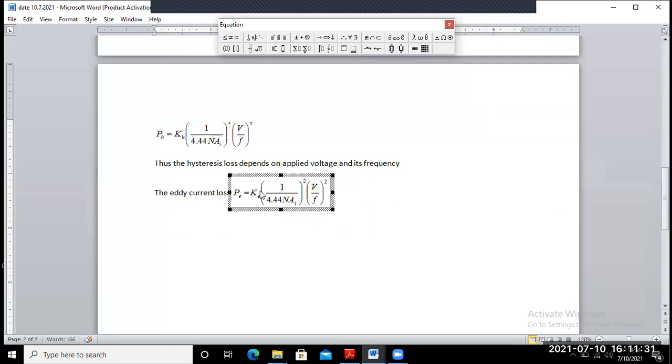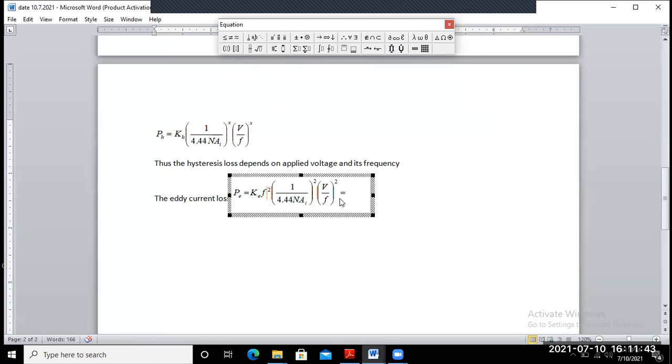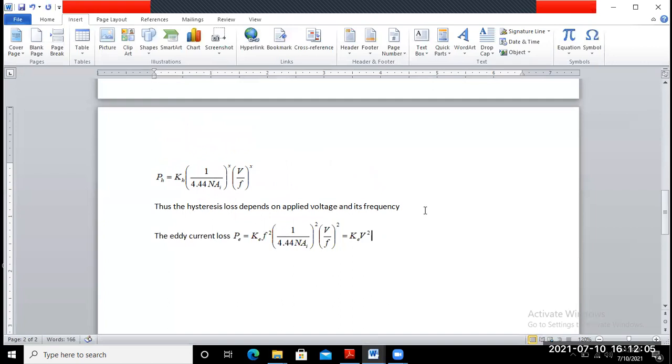So the only remaining part is some constant Ke into V square.